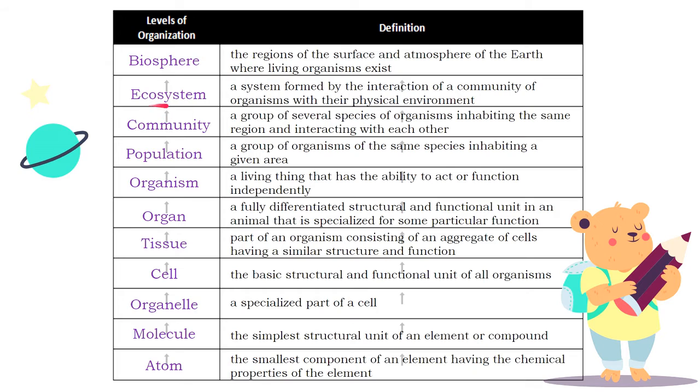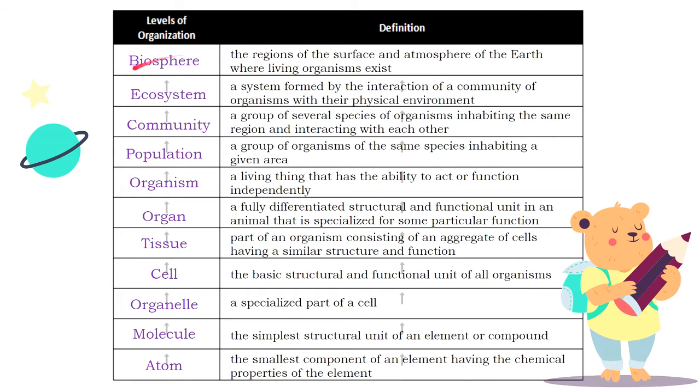Now, if those organisms in that community interact with their physical environment, so that's where water would come in, or soil, or the mountain, or the atmosphere. So non-living components, or the physical environment, if they interact with their physical environment, then we call that an ecosystem. Okay, so living things plus their physical environment, we call it an ecosystem.